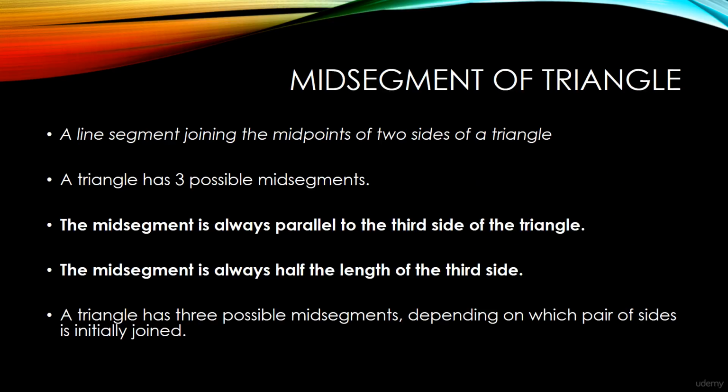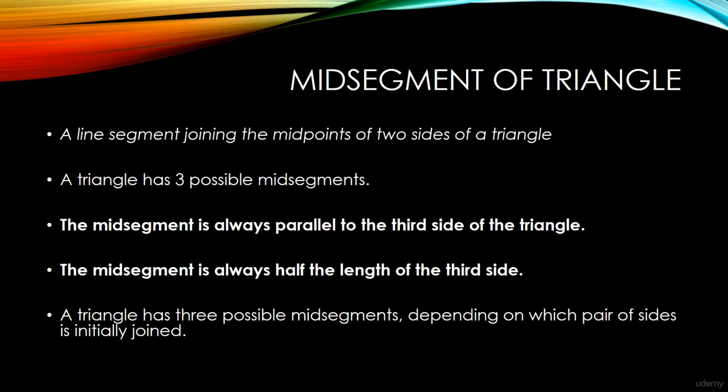Mid-segment of a triangle. A mid-segment of a triangle is a line segment joining the midpoints of two sides of a triangle. A triangle has three possible mid-segments. The mid-segment is always parallel to the third side of the triangle.